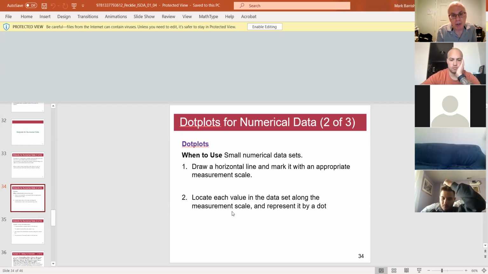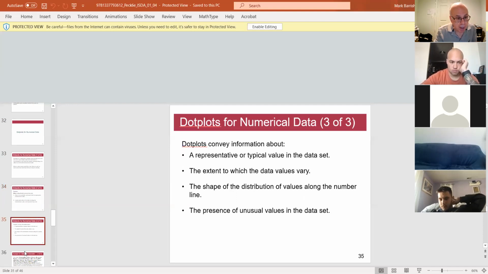And then whenever you run into a number in your data set, you would just put a dot right above that number on your scale. And if you have more than one value in your data set with that number, you would just stack it. So you put another dot right above the first dot, like that. I'll show you what it looks like.